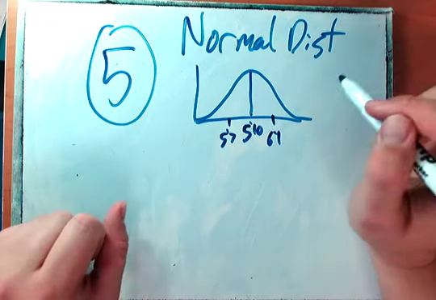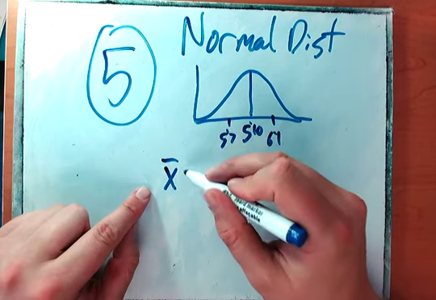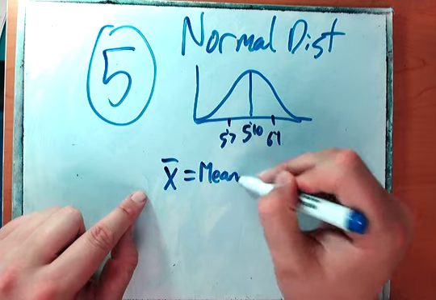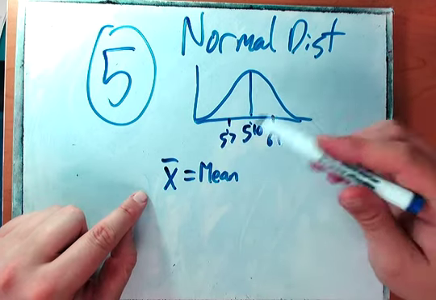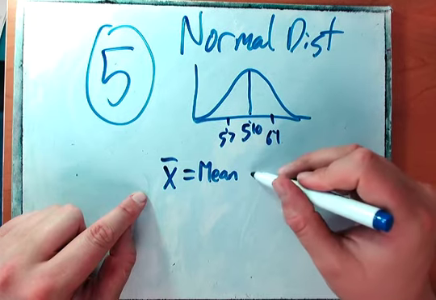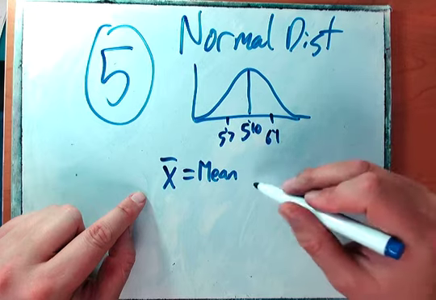And so in the question here, we've been given x bar, which is the mean. You've been calculating that already, right? Remember how to calculate the average: you add up all the numbers and then you divide by the number of numbers.